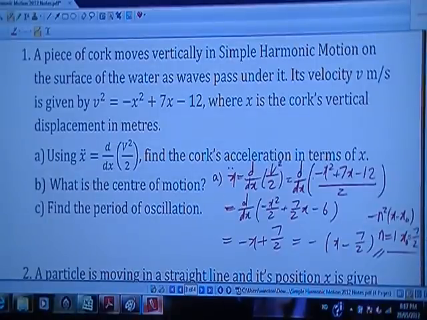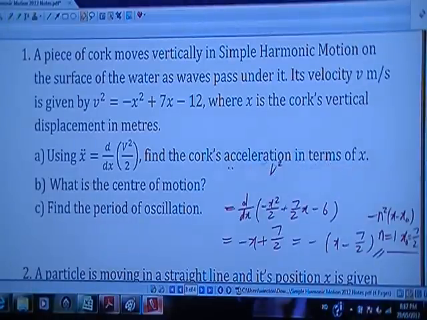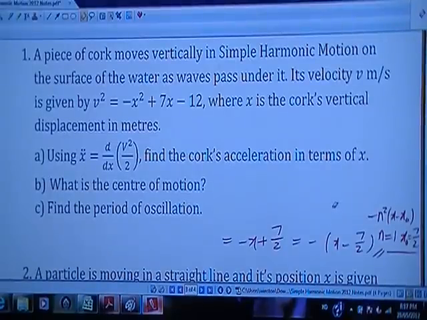So that answers our part B already. Part B asks, what is the center of motion? So the center of motion, x naught, is equal to 7 on 2.